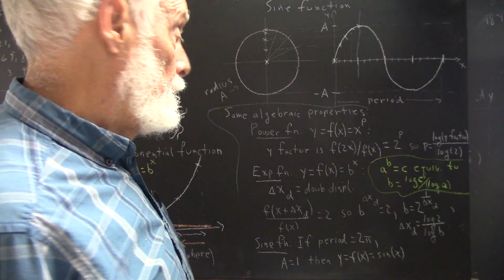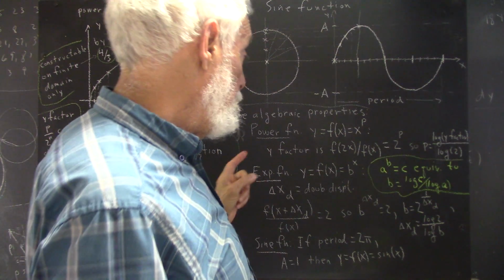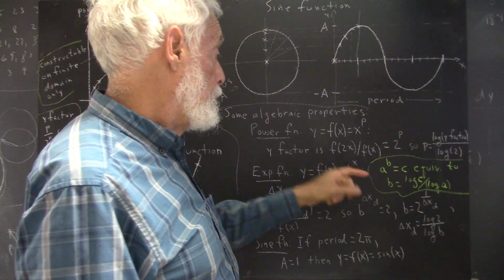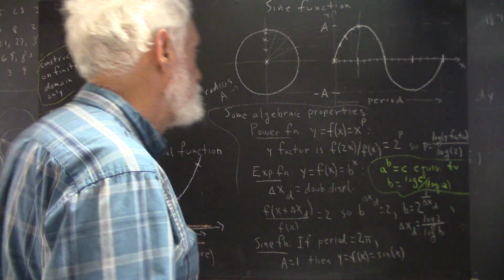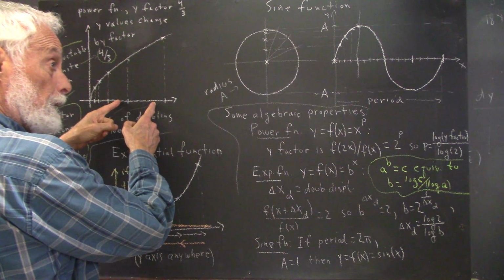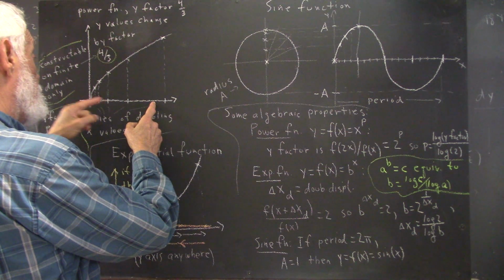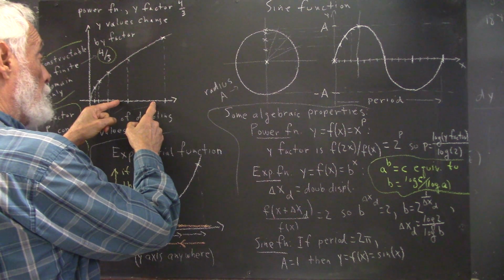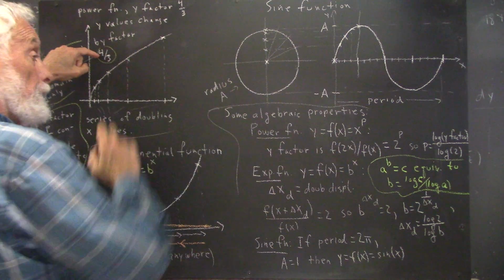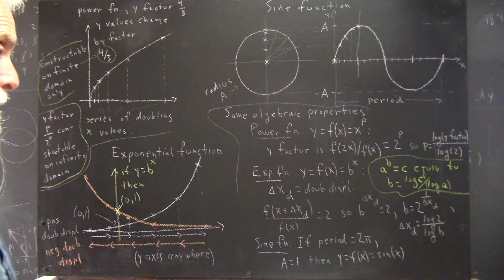Every time x doubles, y will change by that factor. And we want to relate the y factor and the power. So the y factor is just f of 2x over f of x. Why is that? Because wherever x is, 2x lies twice as far. And since this point is twice as far from the origin as this point, the y factor between here and here has to be the same as the y factor for all other pairs of points.